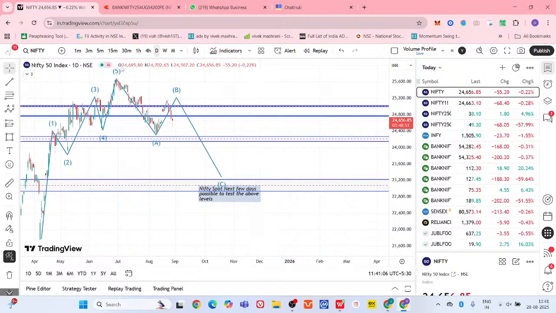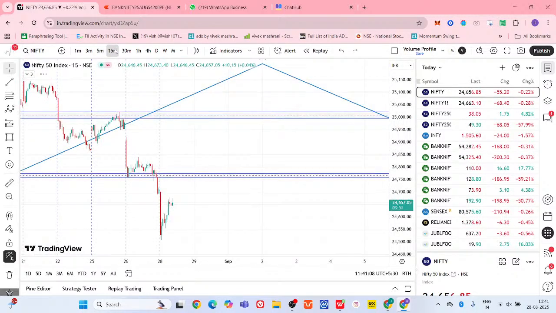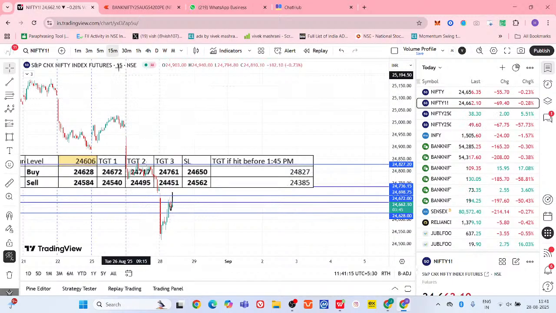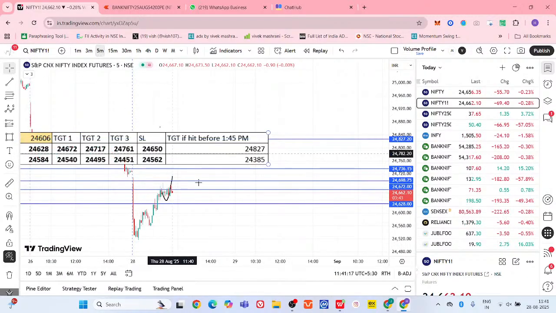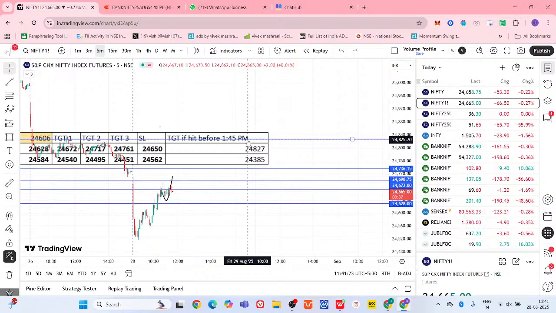I'm not bullish, neither am I bearish. I'm just following the market. Okay. I have already given the levels. As I told you, it needs to come here, take this, touch this level, and then go back. Okay. Market will be flat like this, slow and boring. So don't expect some excitement in the market.